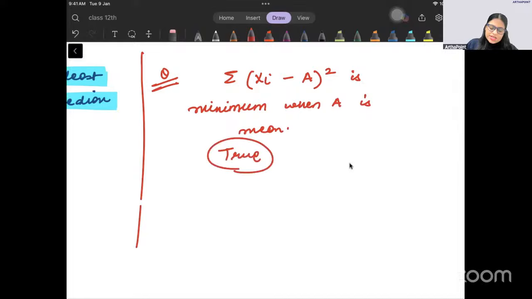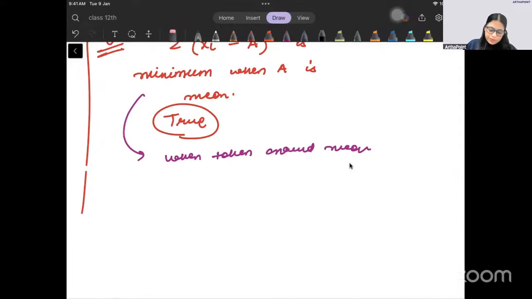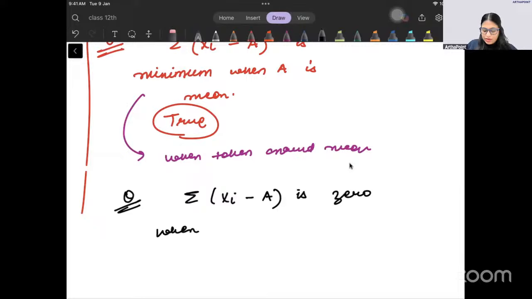True. Sum of squares is minimum when taken around mean. Very good. ठीक है, अच्छा ये बताओ. Summation (xi minus a) is 0 when a is mean.